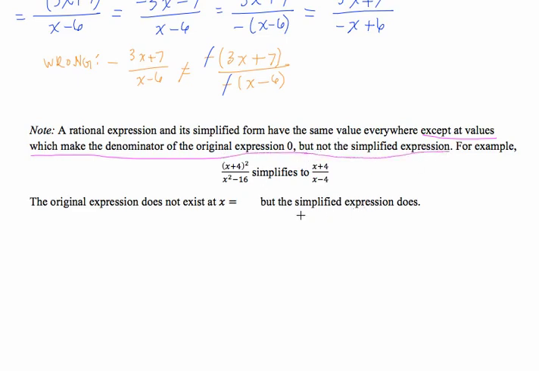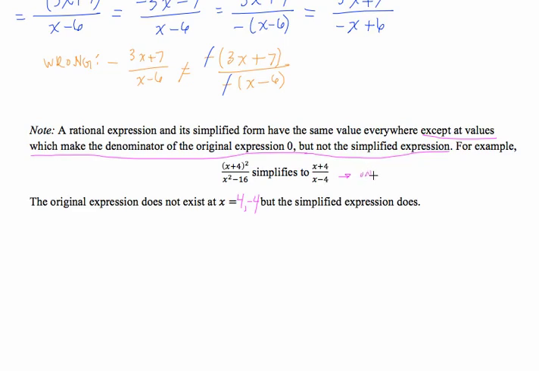Okay, so for example, this one here, x plus 4 quantity squared over x squared minus 16, we found simplifies to x plus 4 over x minus 4. So the original expression has 2 x values at which it doesn't exist. If x is 4 or if x is negative 4, you'll get a 0 there because negative 4 squared is 16 as well, minus 16. But the simplified expression is only undefined at x equals 4.